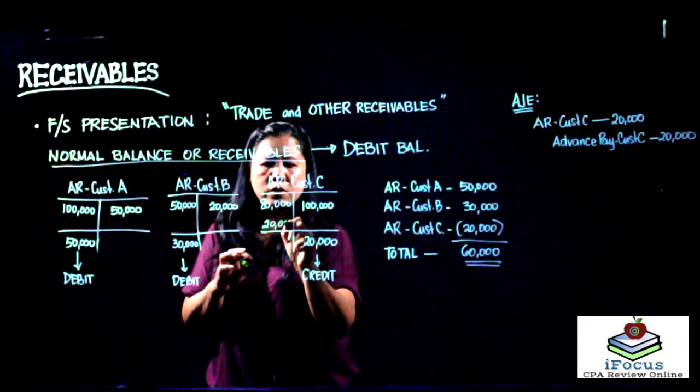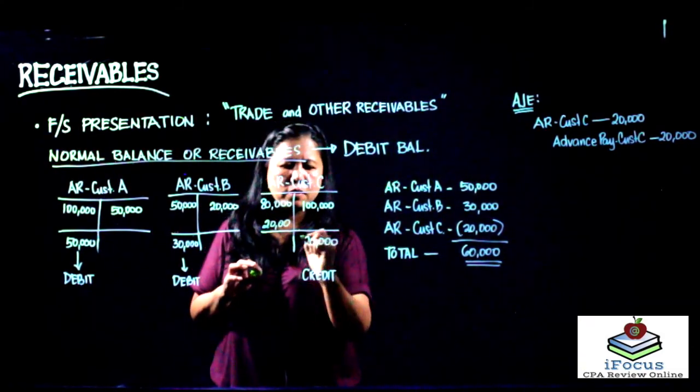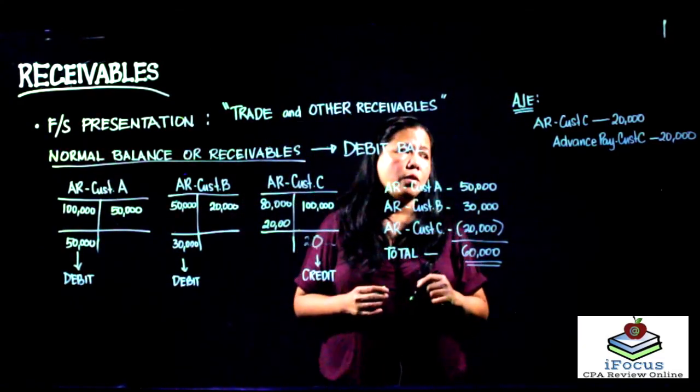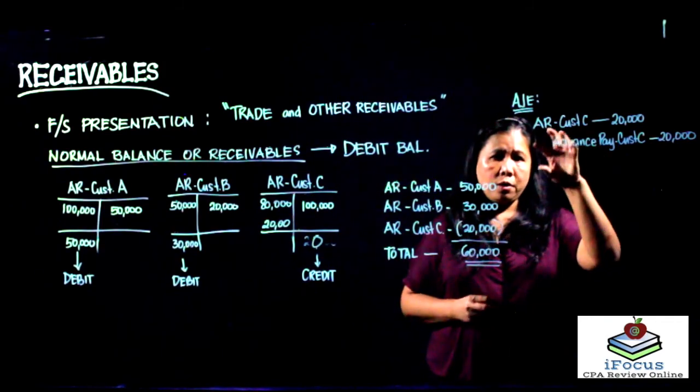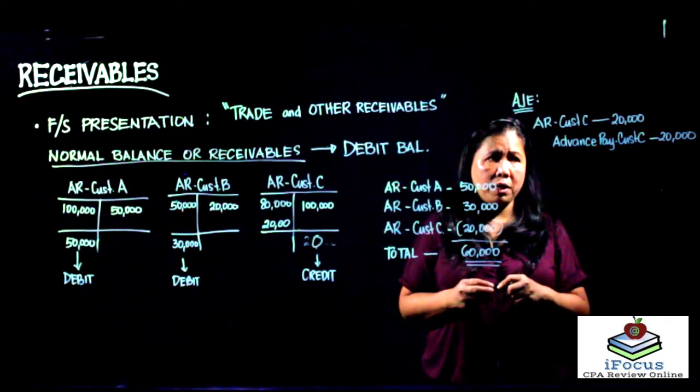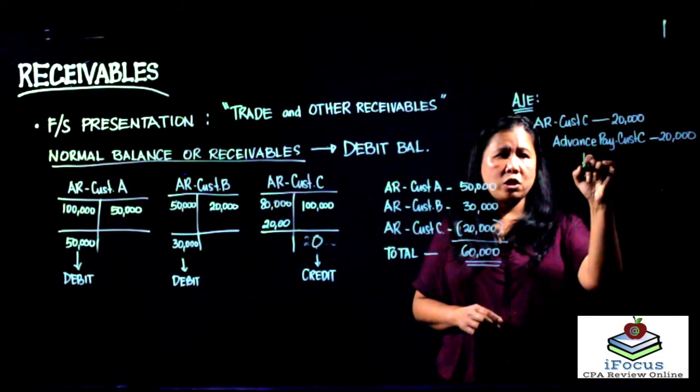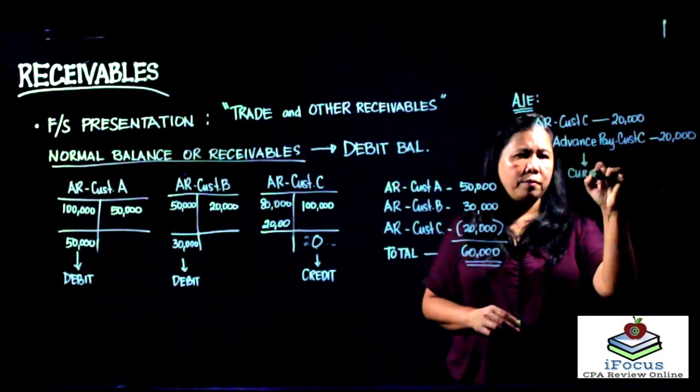So we will zero out this account. Then we will credit an advance payment from customer C, which will be presented as a current liability.